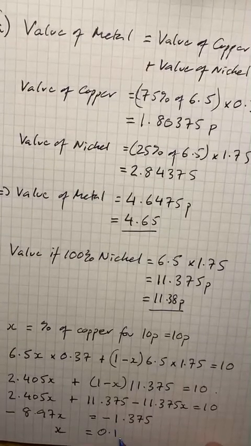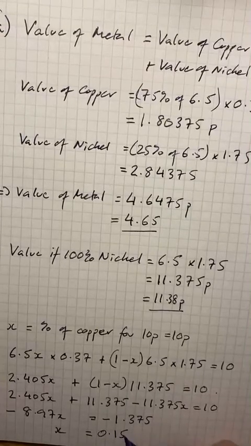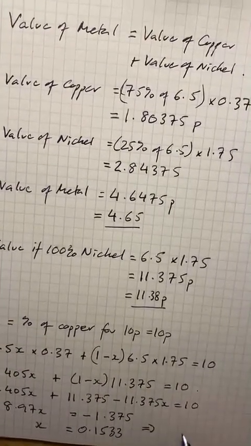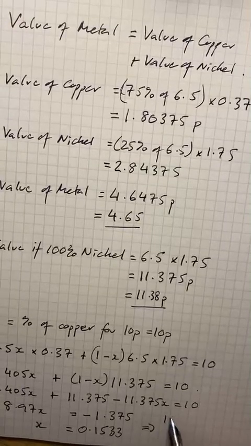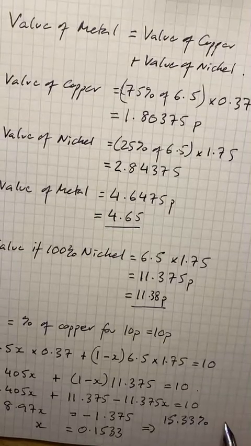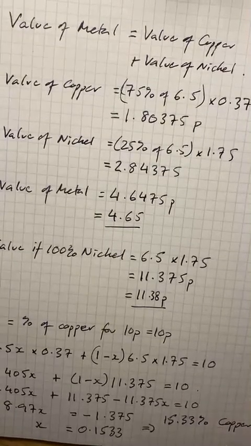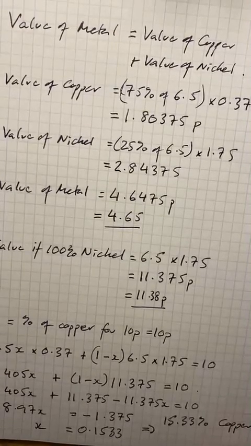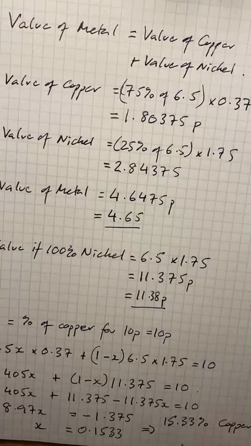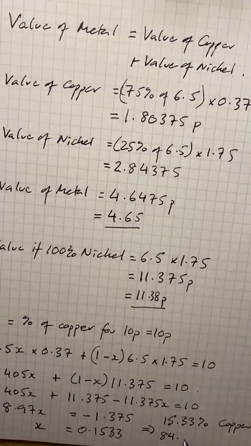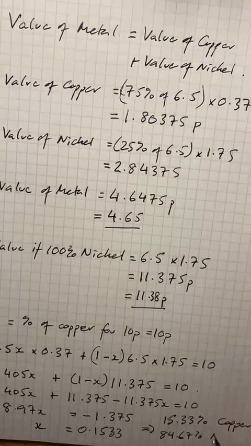So it's 0.1533. So we have, trying to squeeze it on the page, 15.33% copper, and then the rest, which is going to be 84.67% nickel.